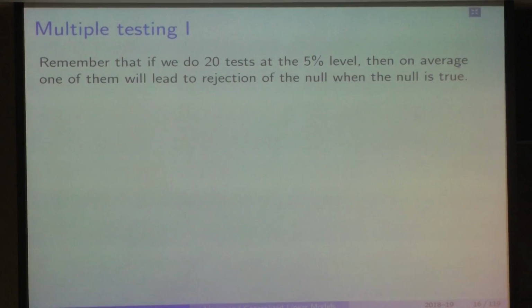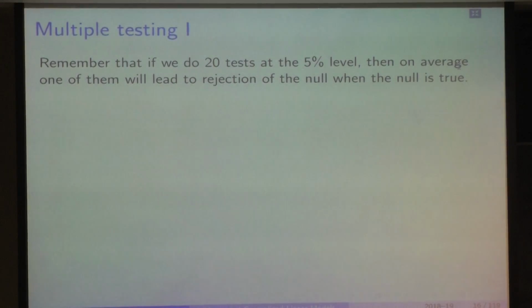Remember that if you do 20 hypothesis tests, and you use the conventional 5% significance level that people like so much, then the expected number of them that lead you to reject the null hypothesis is 1, because it's 20 times 0.05, even if the null hypothesis is true. So if the null hypothesis is true, you do lots of tests, at the 5% level, eventually one of them is going to reject the null hypothesis.